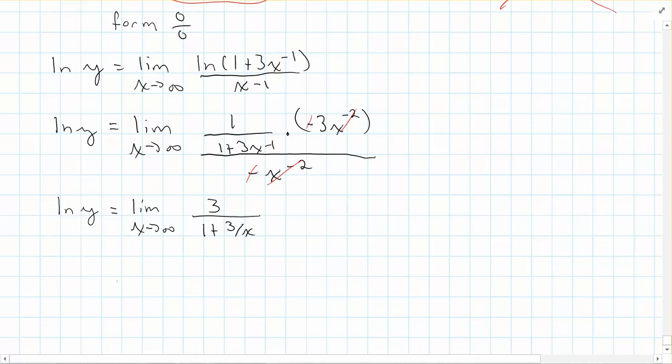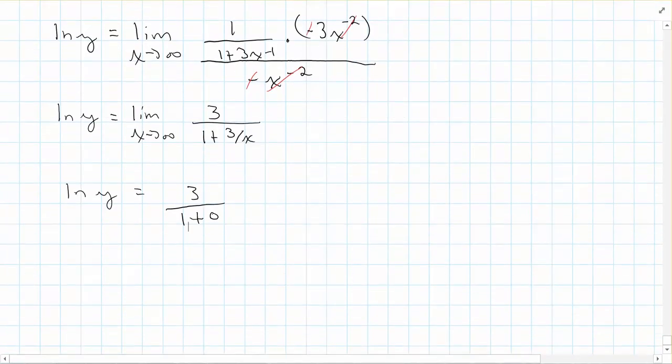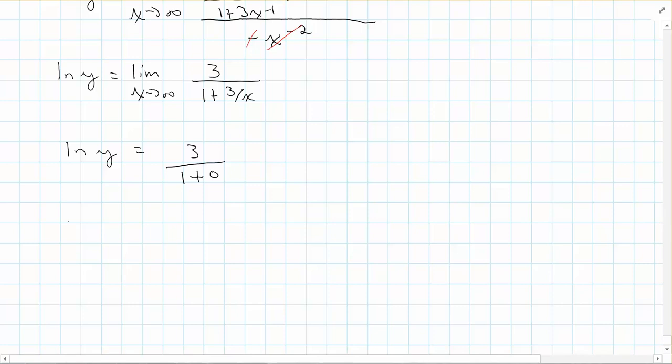But then we know that this is going to go to 3 over 1 plus 0. But wait a minute, that just says here I've evaluated the limit and I've gotten 3.